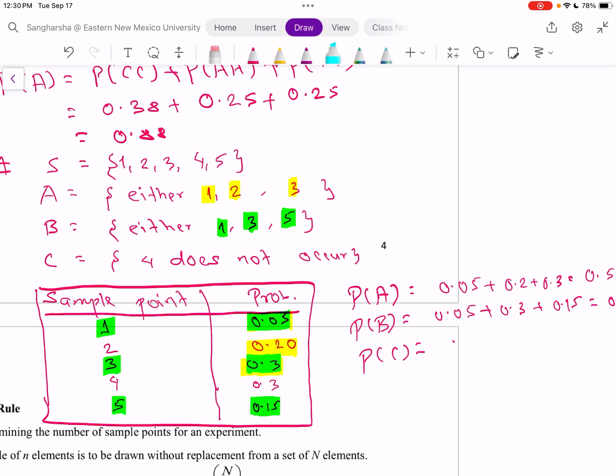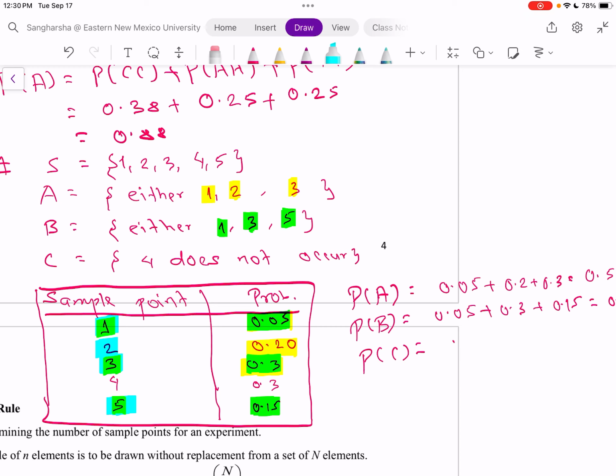Now the last one, the probability of event C. C means 4 does not occur. So what are the sample points here? 1, 2, 3, and 5, right? You are excluding 4.